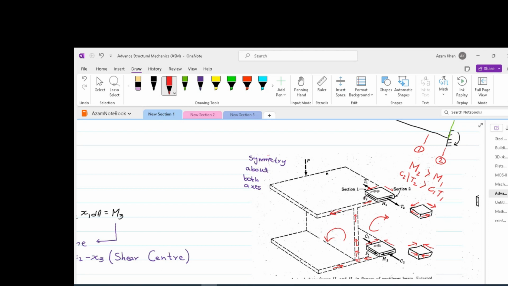This whole force system, or this internal flow of the force, is called shear flow. So the shear flow starts from the edge of the flange and moves toward the edge of the top flange. Please note that the applied load is resisted by the internal shear.